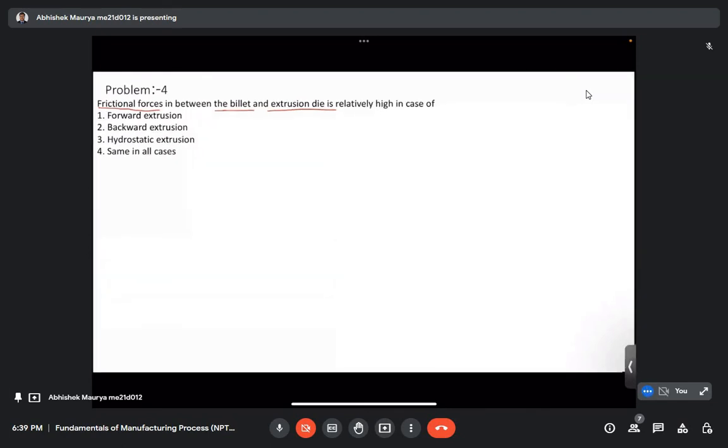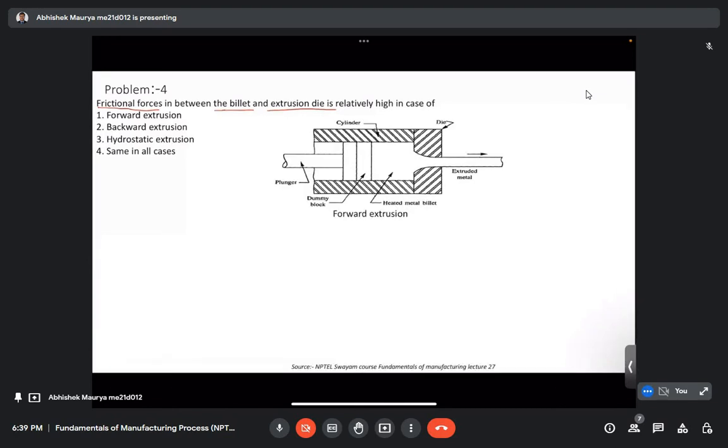highest frictional forces. So this is the schematic of the forward extrusion. Here basically this is the billet, and there is a dummy block.